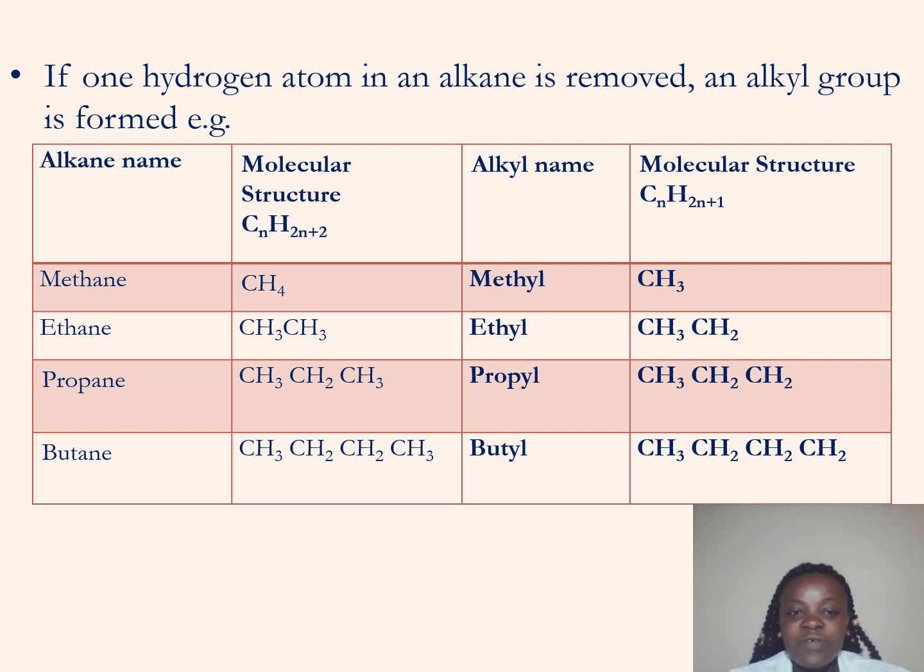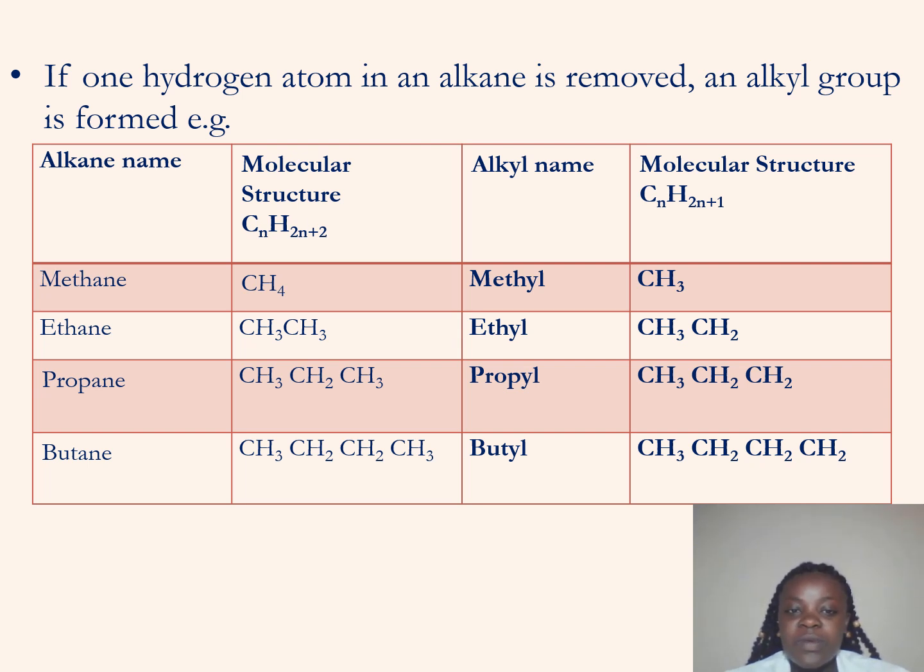For example, also if we have ethane, ethane has 6 hydrogen atoms. If we remove one hydrogen atom, we are going to have 2 carbon atoms and 5 hydrogen atoms. So that one now is what we call an ethyl group.